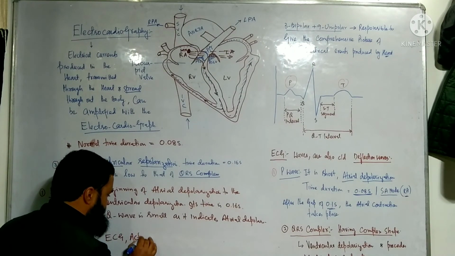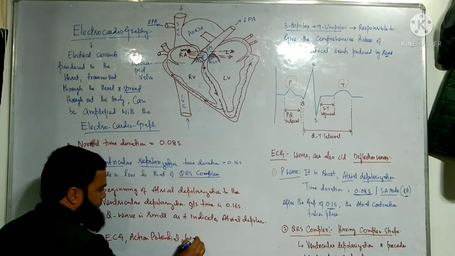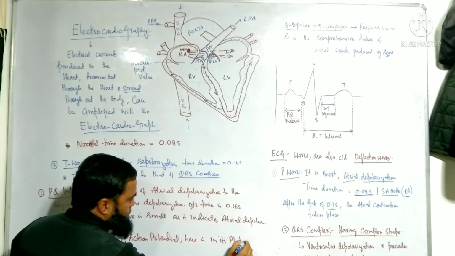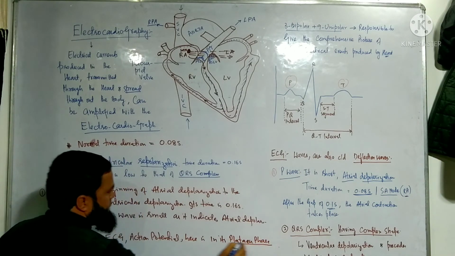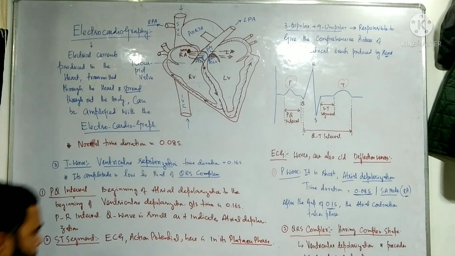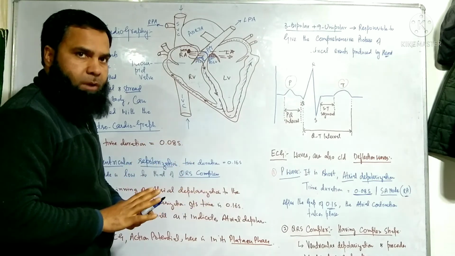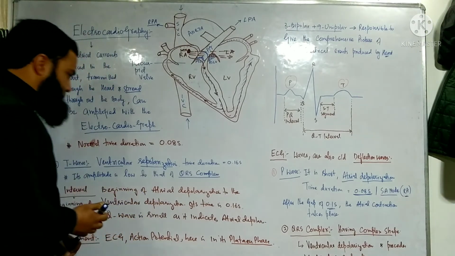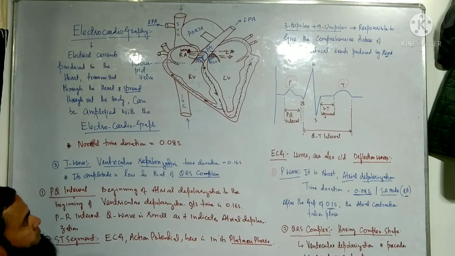The action potential here is in its plateau phase. At this region, plateau phase means the wave of depolarization has reached all cells of the ventricles. Then the repolarization is occurring.